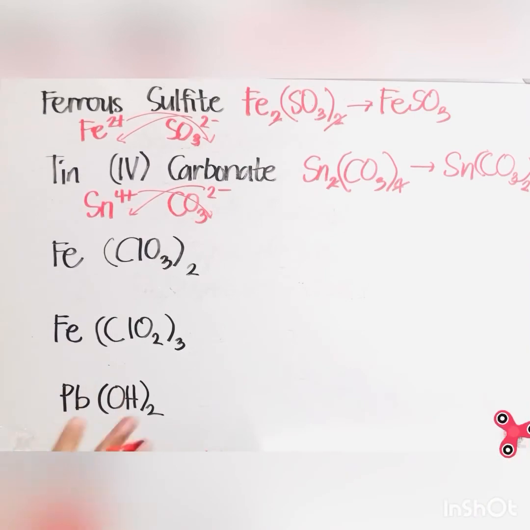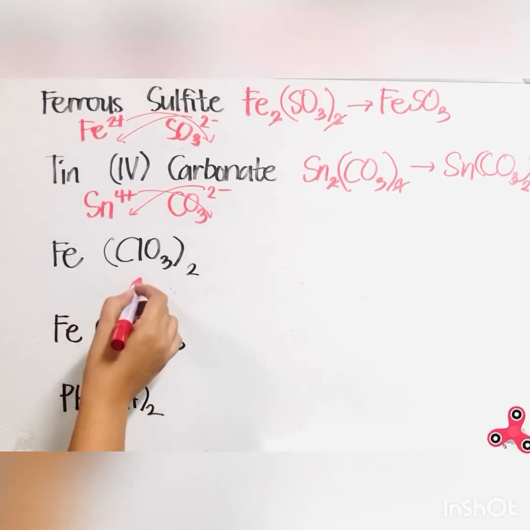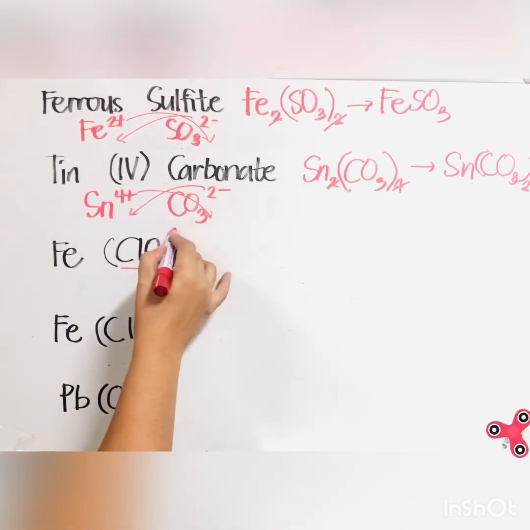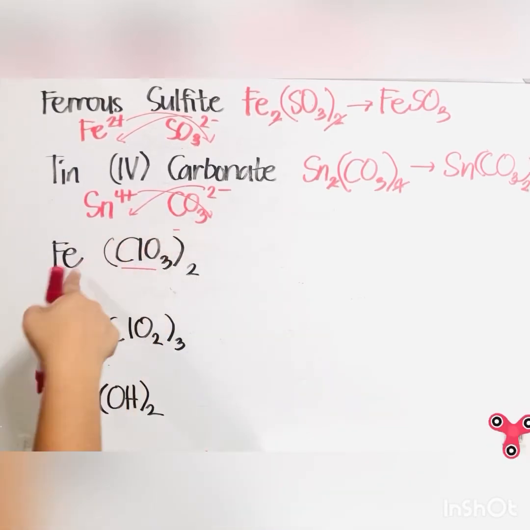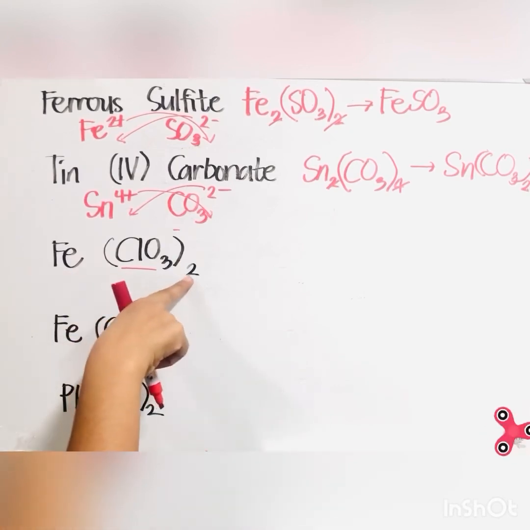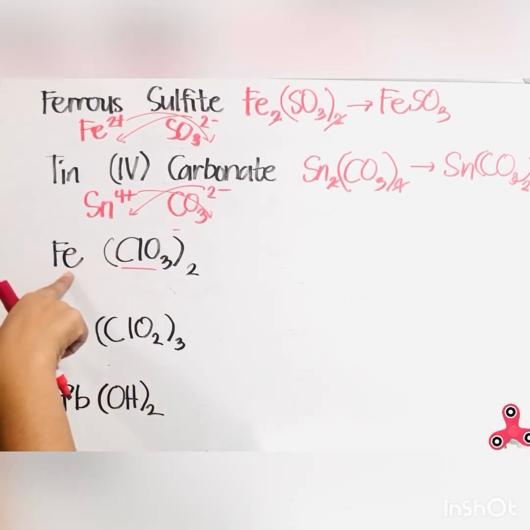So what if, for example, a chemical formula is given? How would you name them using both classical system and stock system? So very easy. So you know that in the crossing over, the charge of this one is -1. So when you cross over, the -1 has been given to your iron. So this is from your iron. Okay?